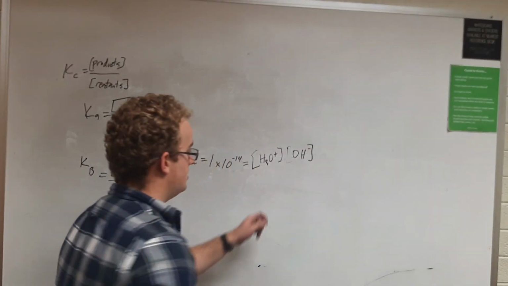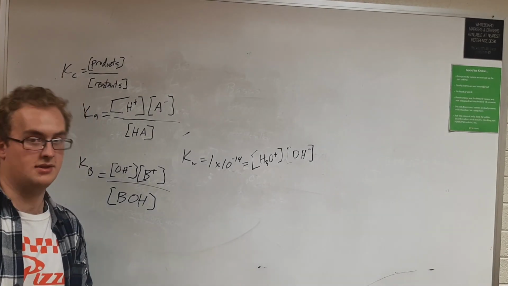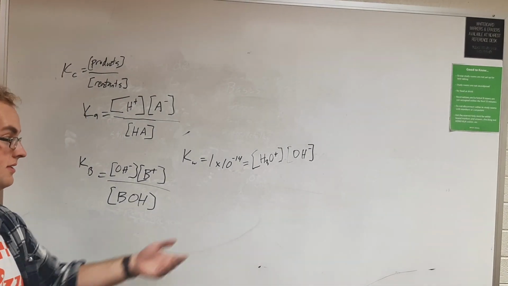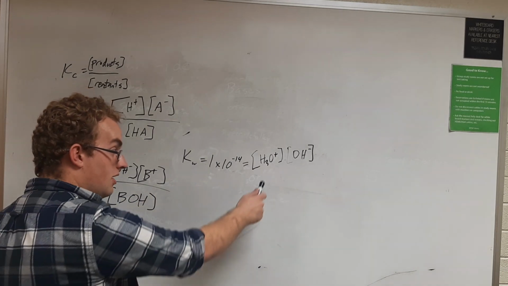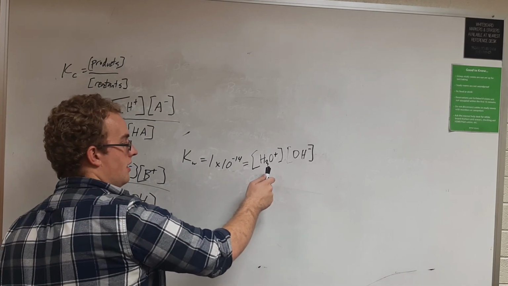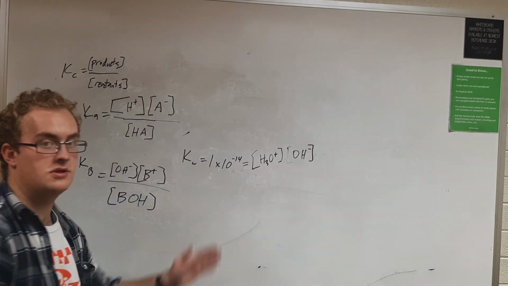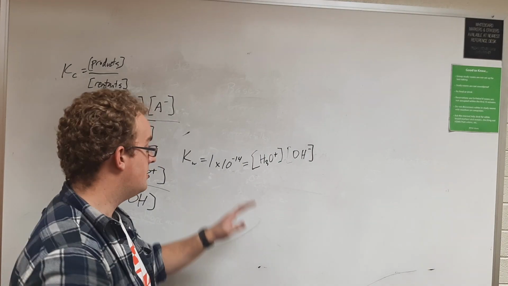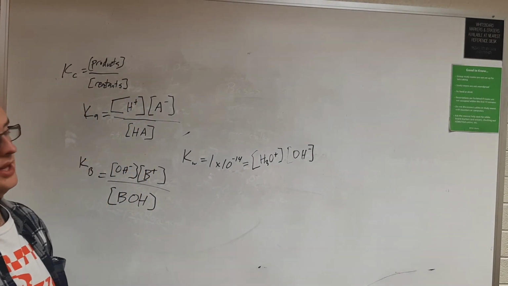Right? It's just the concentration of this times this equals this. And that's really, really consistent in acidic or basic solutions. If you know one of these, then this number divided by that number will be this number, right? You just solve for the other concentration. This is a really good tool. Remember this pretty well. It's really, really nice.